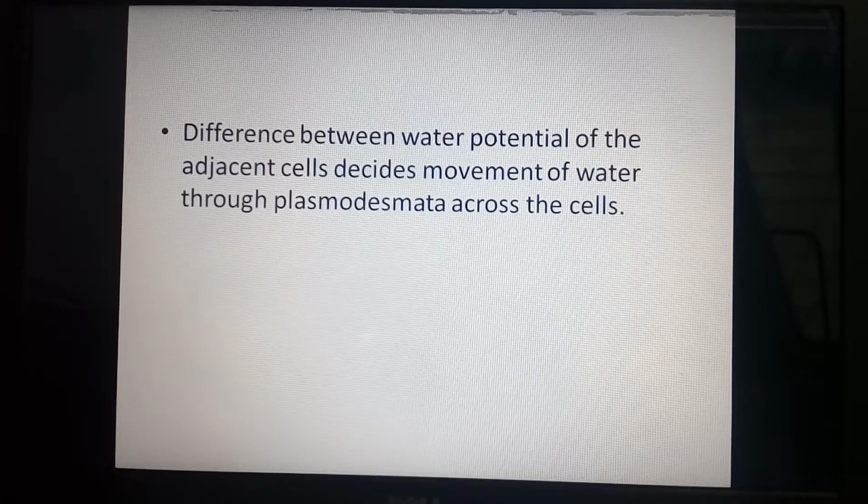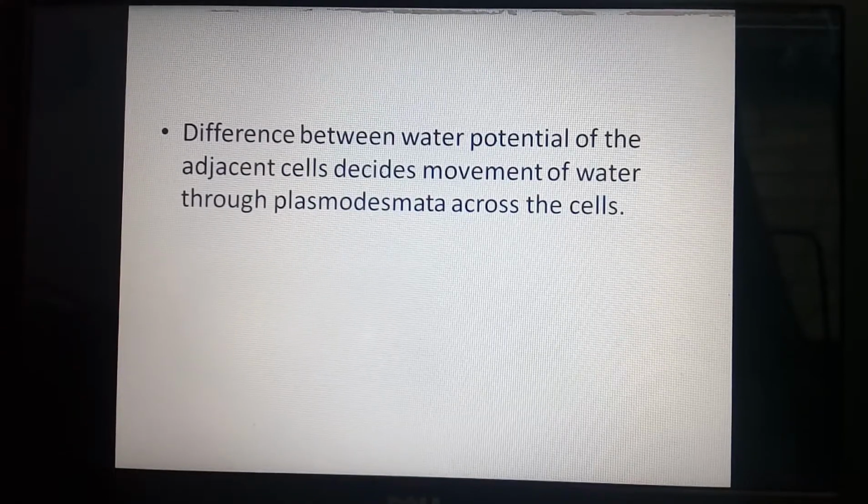That means you can observe the water potential of pure water is 0, and when we add one molecule of a solute in it, it becomes -1. When we add 2 molecules, it becomes -2. When we add 3 molecules, it becomes -3.